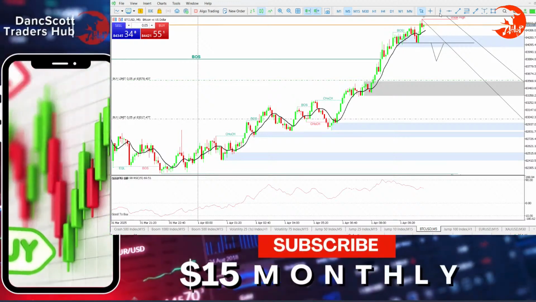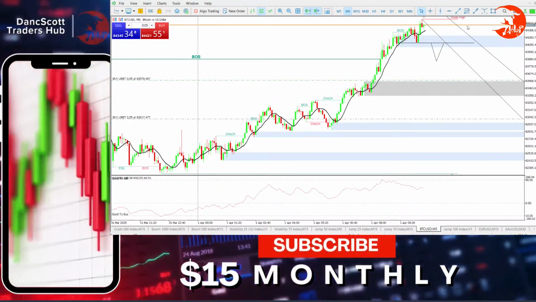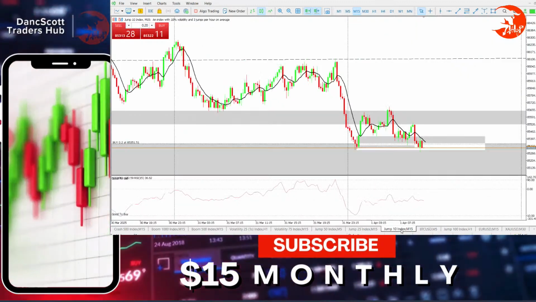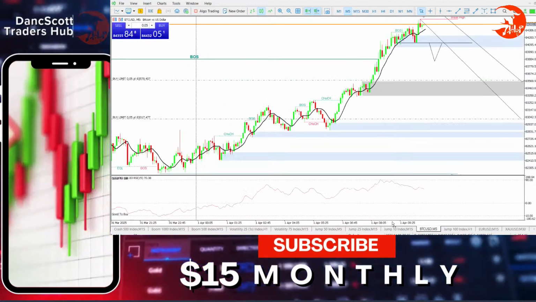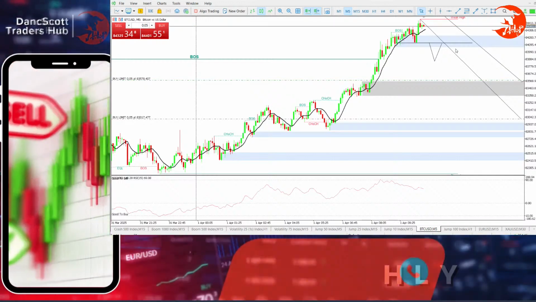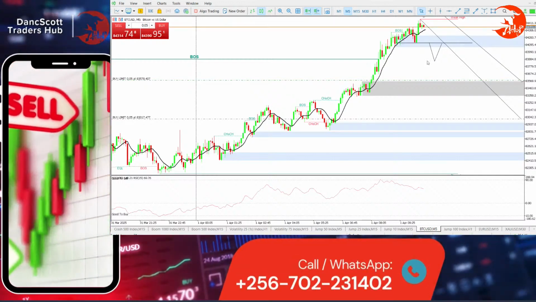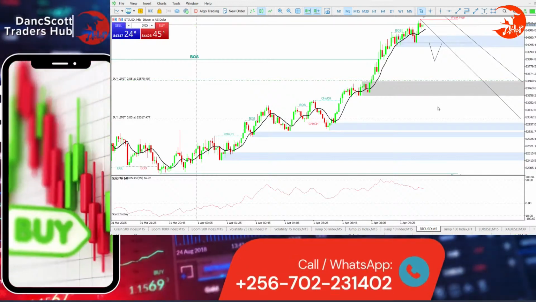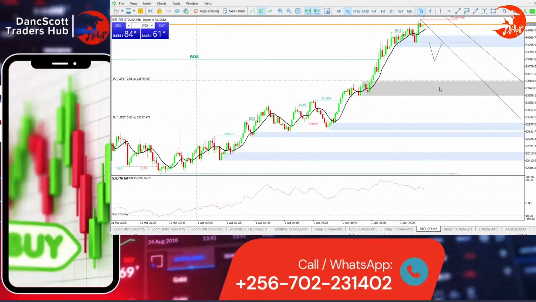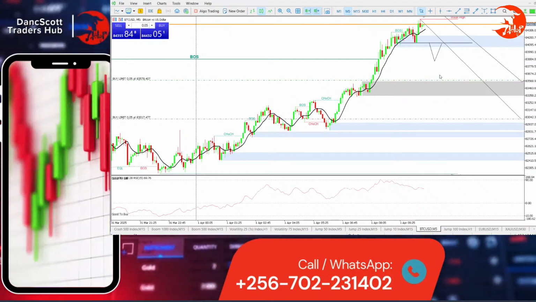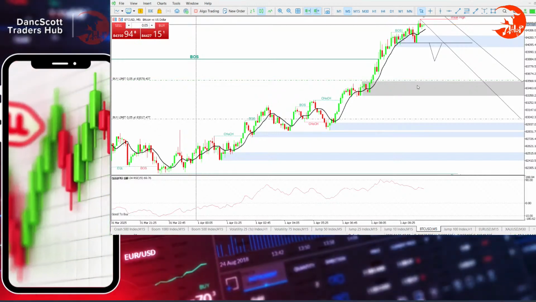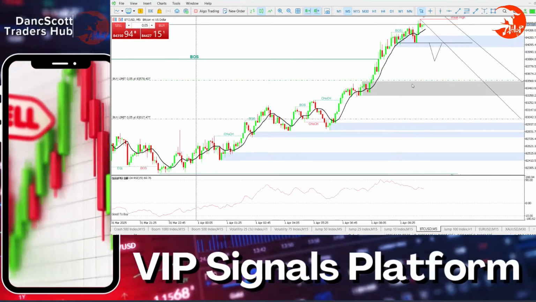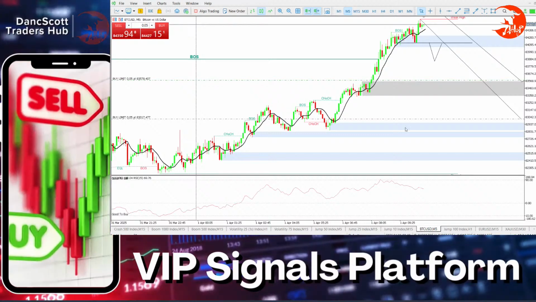After that change of character, you see a retest, then sell it all the way down below. That's how we normally make those kinds of entries whenever we are looking for sells or buys. Change of character is very key and helps us to clearly get into proper entries, proper exits.